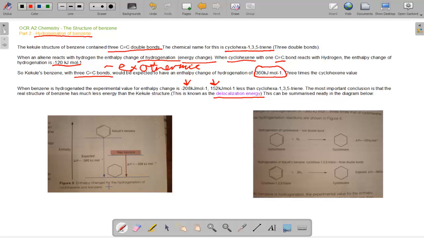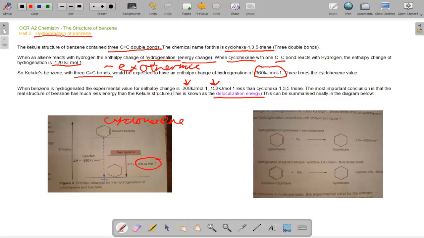So I've got 2 diagrams from the actual OCR textbook here to summarize for you. Kekule's benzene is up at a higher enthalpy than real benzene. Real benzene is negative 208 kilojoules per mole, and this will be cyclohexene, hexa-1,3,5-triene and all that.